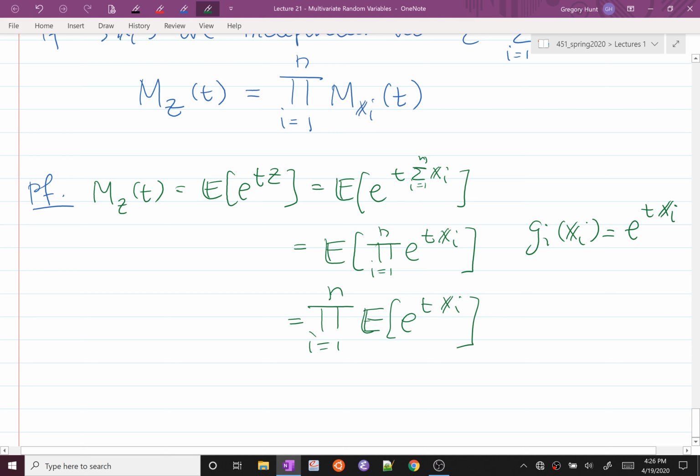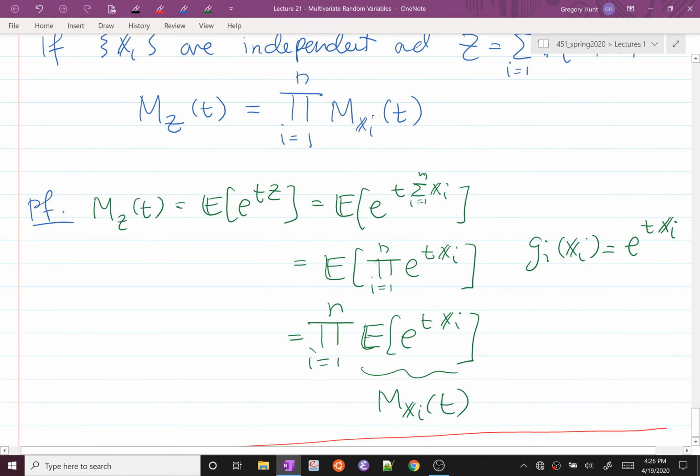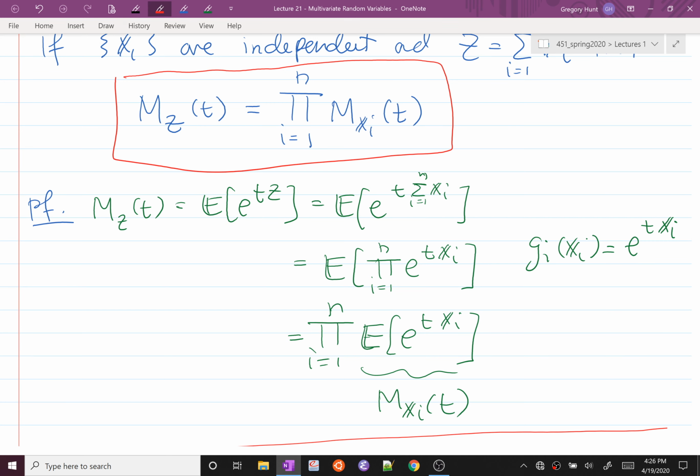And of course, this is the moment generating function of x sub i at t. So that completes the proof. And that shows that the moment generating function of the sum is the product of the moment generating functions of all the individual random variables, under the assumption that they're independent.